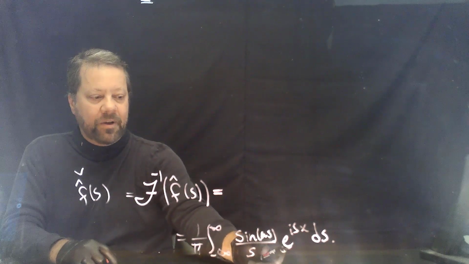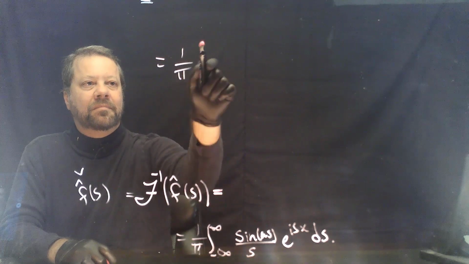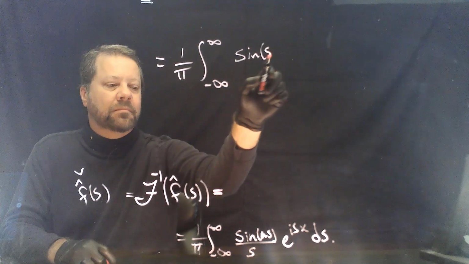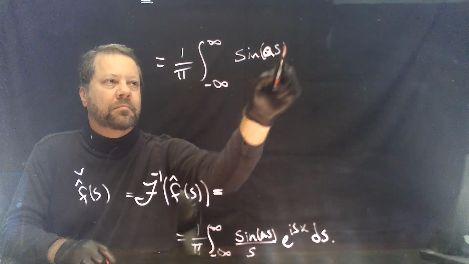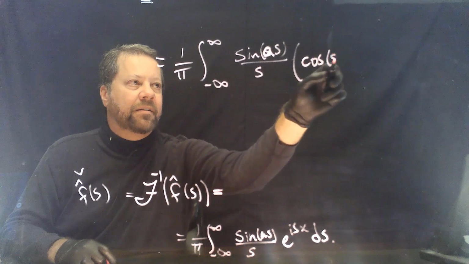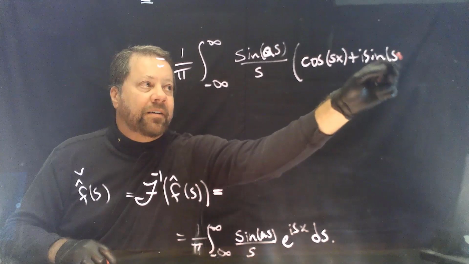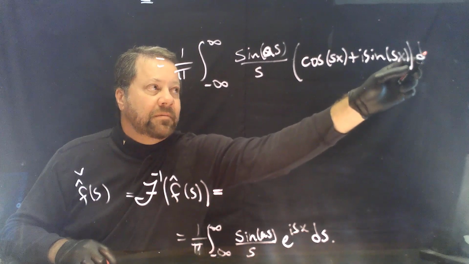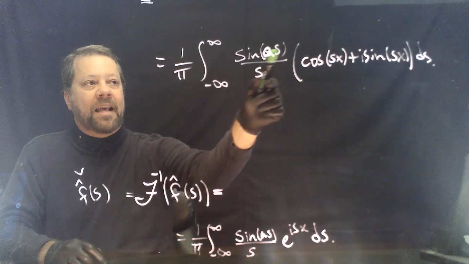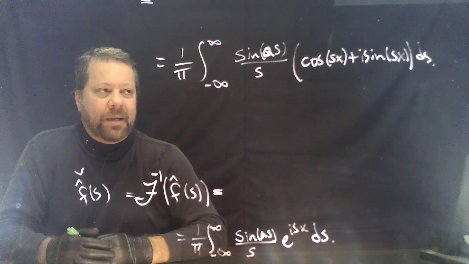We'll now apply the Euler identity to e to the isx. We'll have cosine of sx plus I sine of sx ds. Now, keep in mind that sine as over s is an even function because it's odd divided by odd.